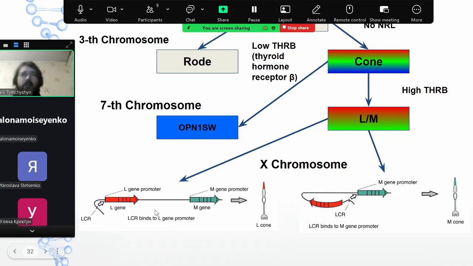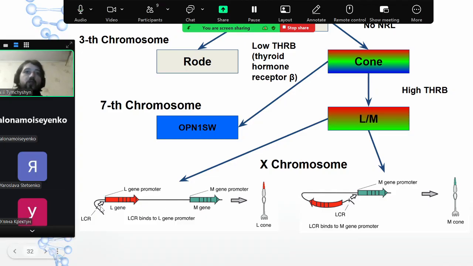After the binding, there is some methylation performed, some changes in histones are done, so it's basically made permanent. But anyway, at a certain initial point, this attaching is performed randomly, and that basically decides at random whether it will be a red cone or a green cone.